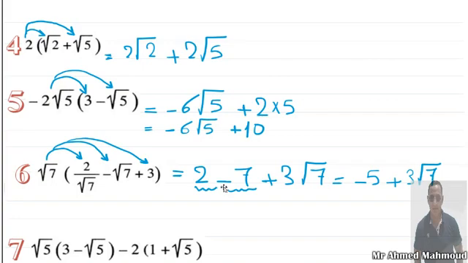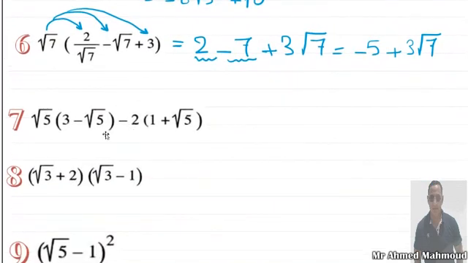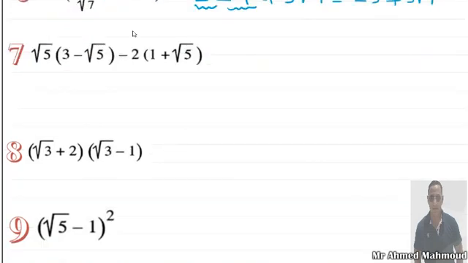The next one, here we have 2 brackets. Okay, first I'm going to expand the first bracket. Okay, root 5 times 3 and root 5 times root 5. Like this, it will be root 5 times 3 equals 3 root 5.